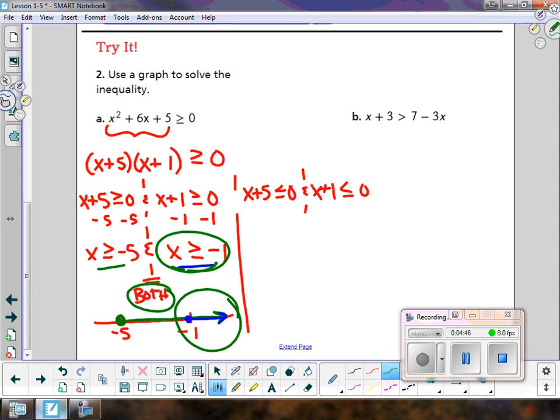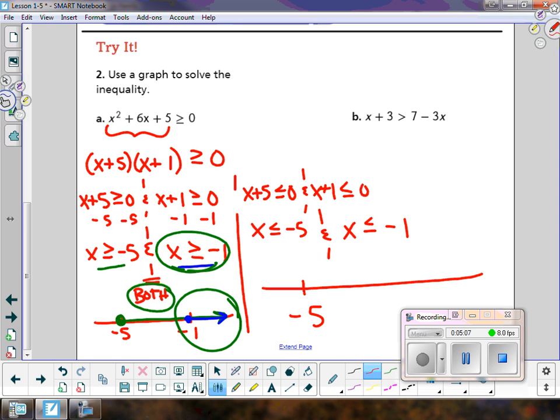The other half comes from solving this, subtracting 5 and subtracting 1. X is less than or equal to -5, and x is less than or equal to -1. So in this case, on a number line, we think about -5 being here and -1 being there. Where would the overlap be?